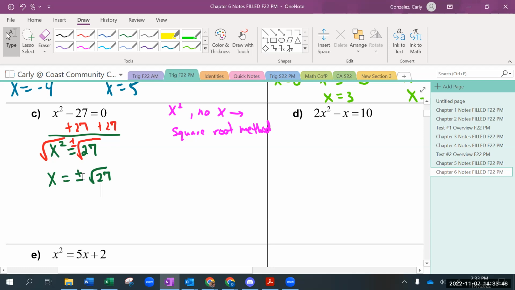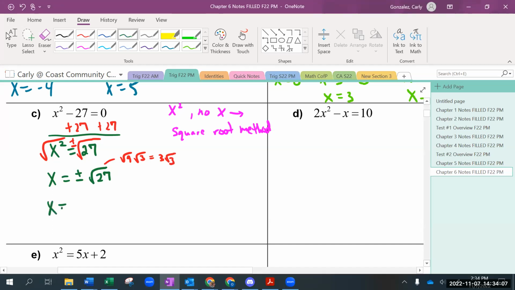And now we have to see if we can simplify square root 27. So off to the side, I might say, oh, well, square root 27 can be written as rad 9, which is a perfect square, times 3, or 3 rad 3.